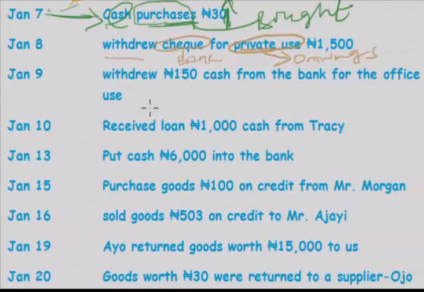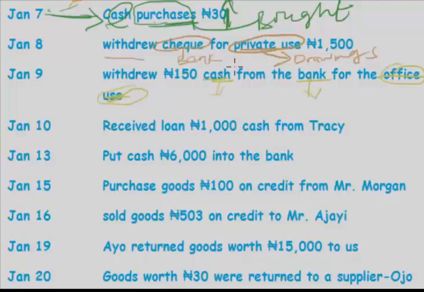January 9, we drew 150 naira cash from the bank for the office use. The previous one was for personal use, so that was why we had drawings. But because this one is for office use, the two accounts will just be bank accounts and cash accounts.